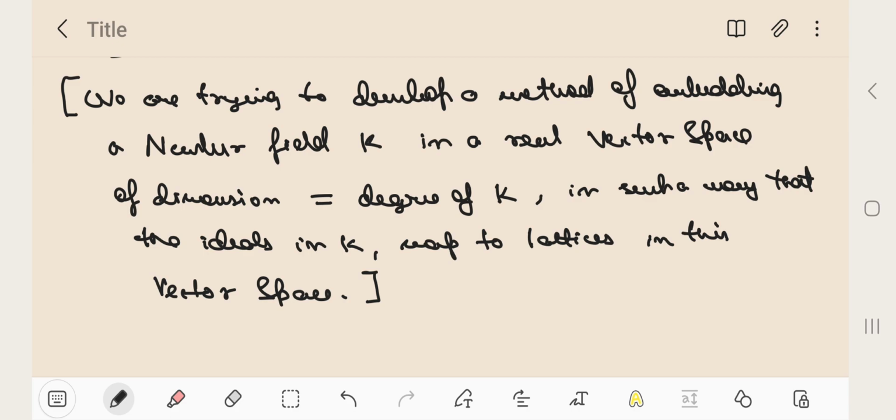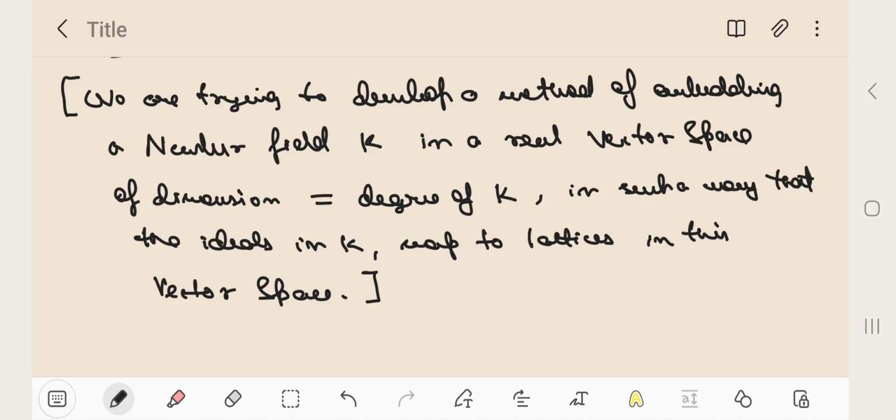And the map needs to be injective, and it needs to be some sort of a homomorphism or a linear transformation, whatever you want to call it. These two terms are relative to the spaces we talk about. Whenever we talk about algebraic structures, we will use the term homomorphism. Whenever we talk about vector spaces, we will use the term linear transformation.